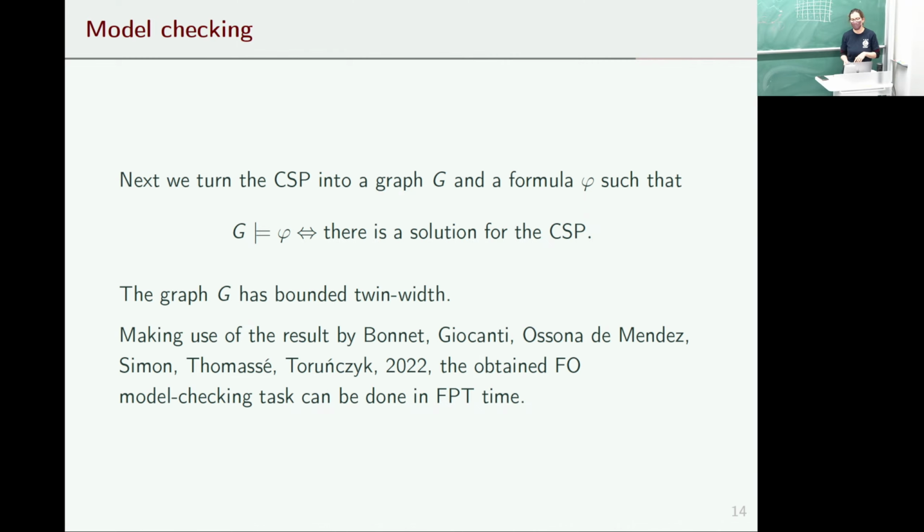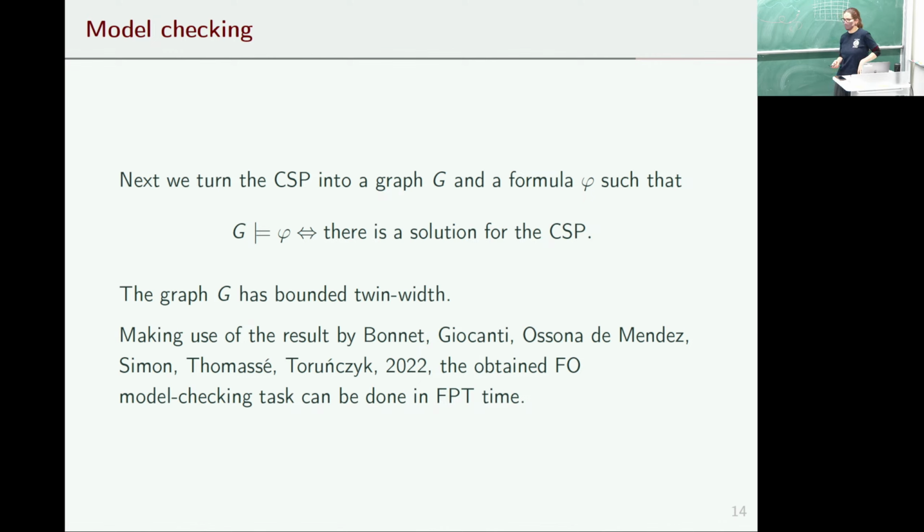So we take the CSP constraints, make them into this graph of bounded twin width, and produce a formula that goes through the constraints and evaluates to 1 on this graph exactly if it yields a solution to our CSP.